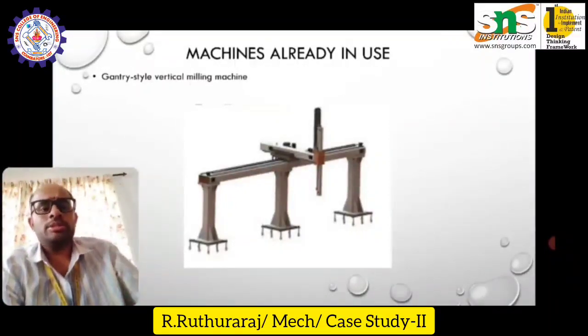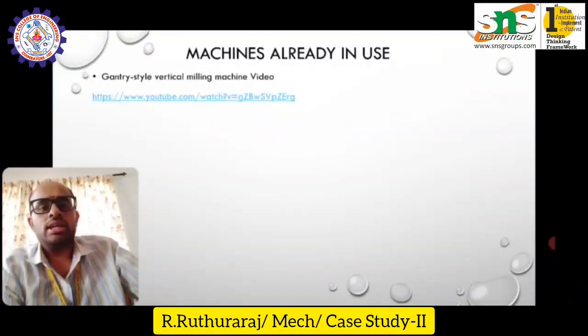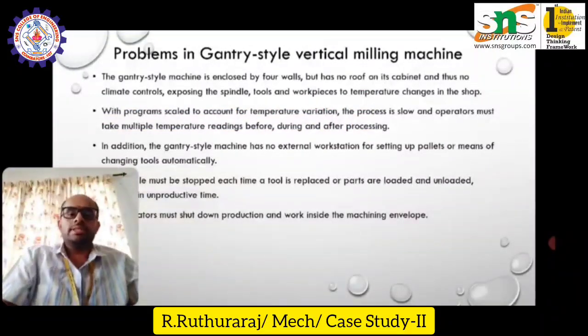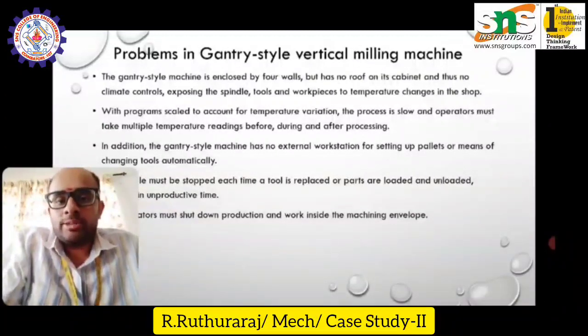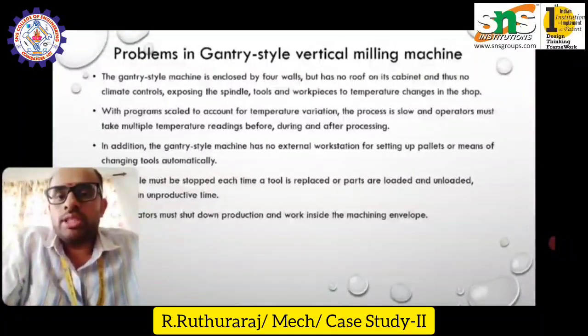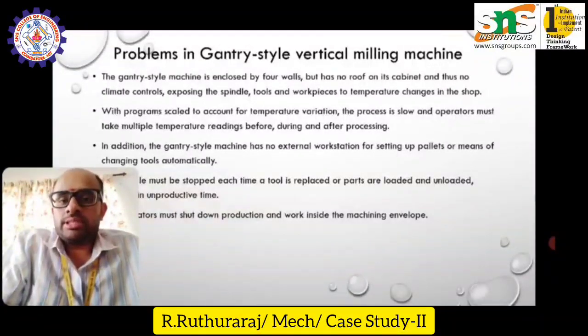The problem associated with this gantry style milling machine is that they are very huge structures, and hence they cannot be enclosed in a closed structure. They are usually hung in open areas.